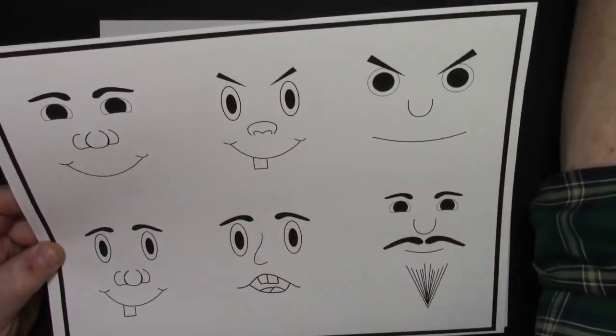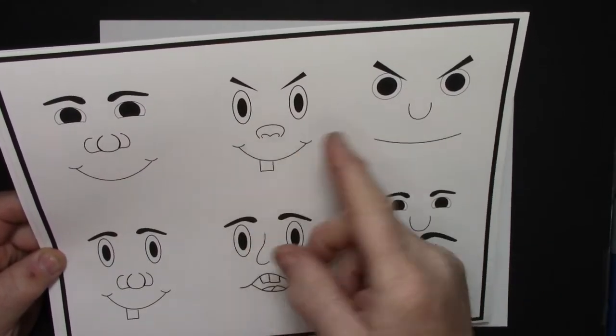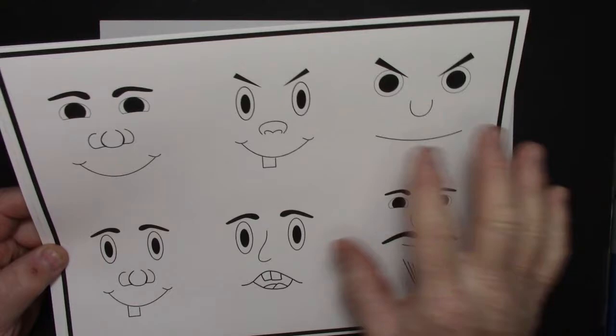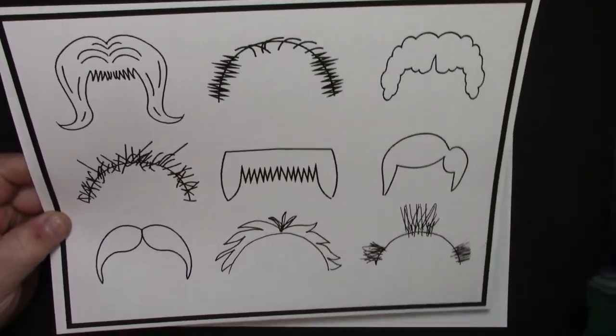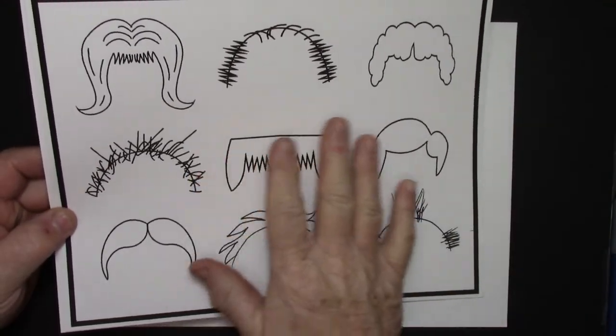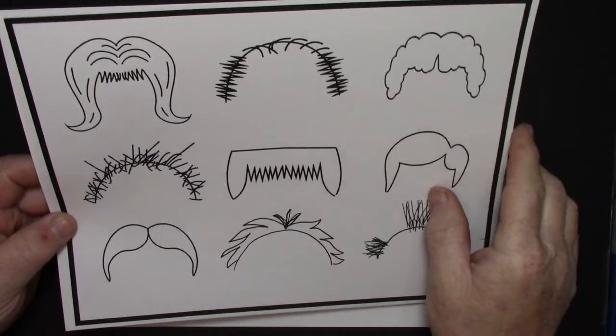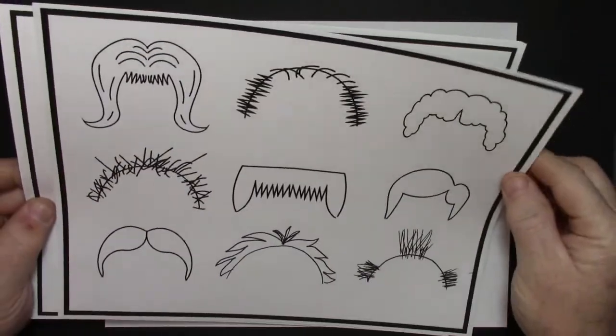And when you put those together to create faces, by changing the different features, you can come up with all different kinds of faces and expressions. And then you can add hair to suit yourself. And this is just a few of the many that you'll probably come up with.